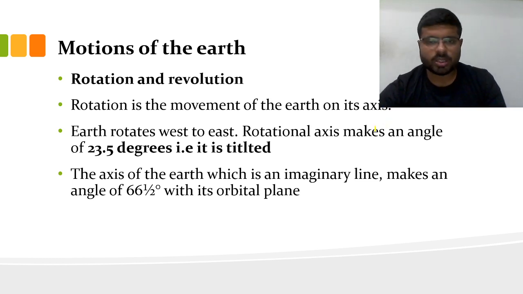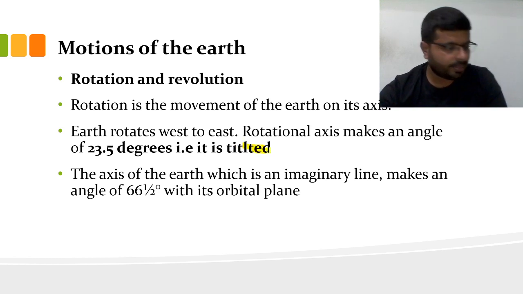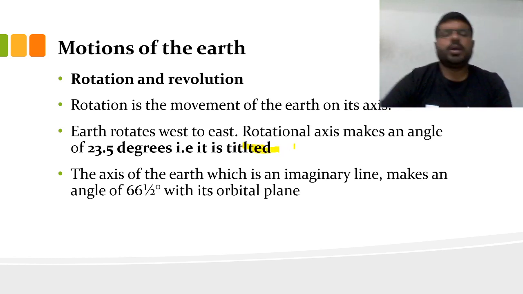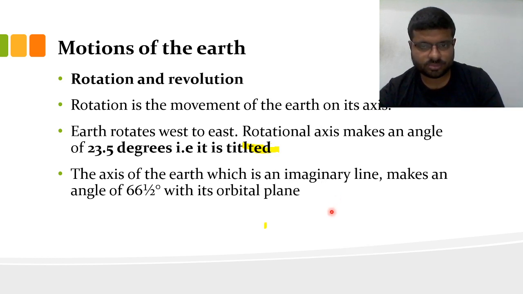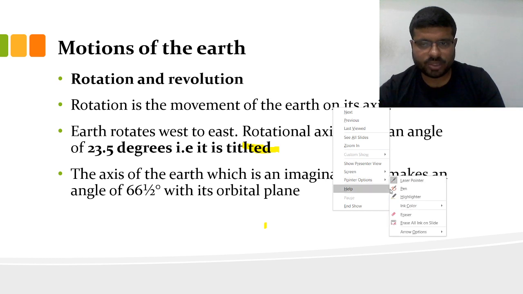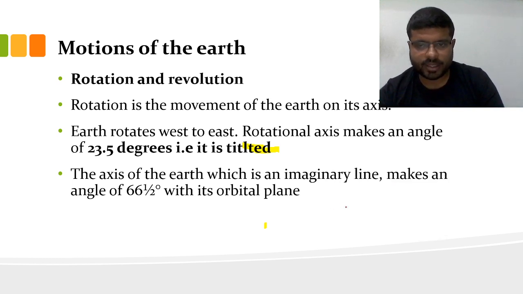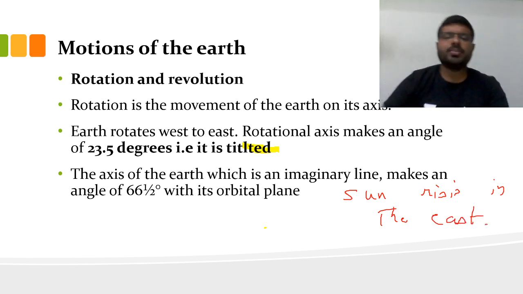Ignore the spelling mistake. It is tilted. The earth rotates from west to east. You know, the sun rises in the east, right? That is the universal truth from English class, but geographically it is a bit different.